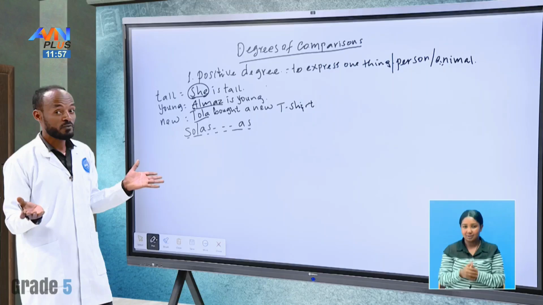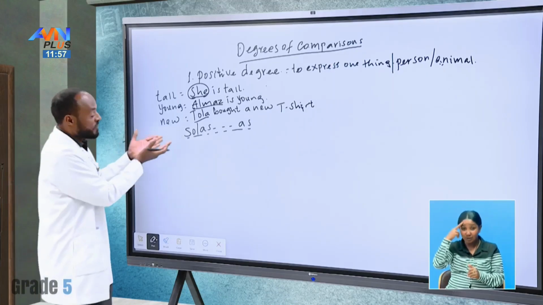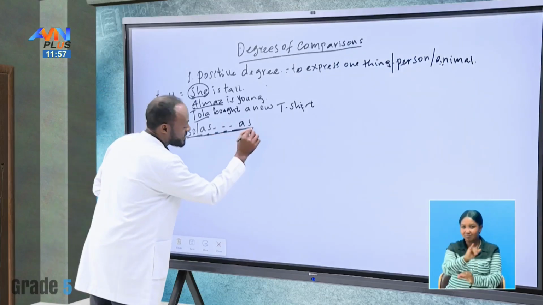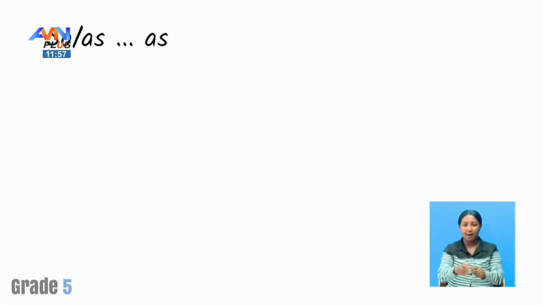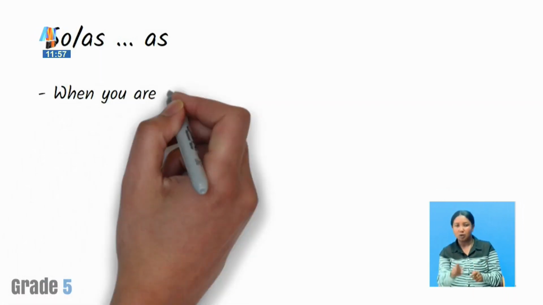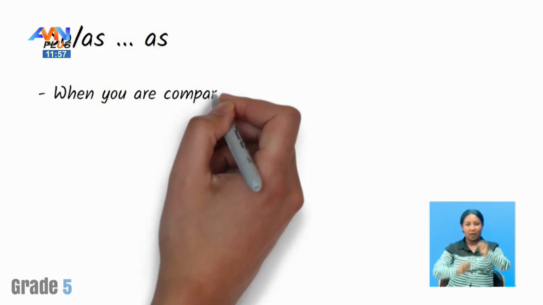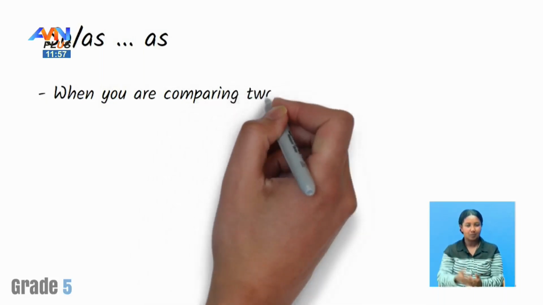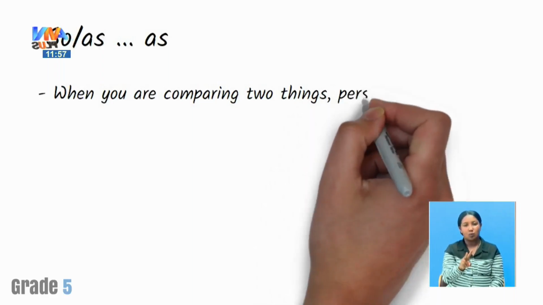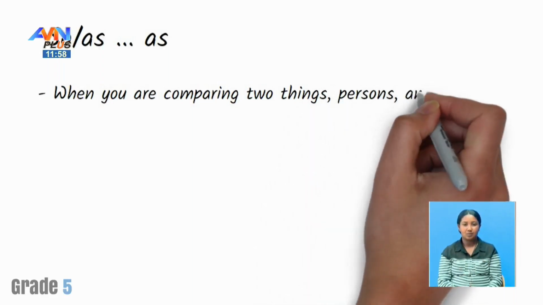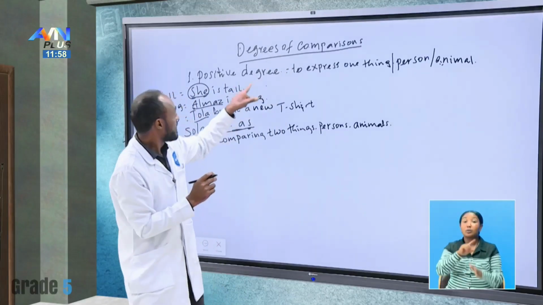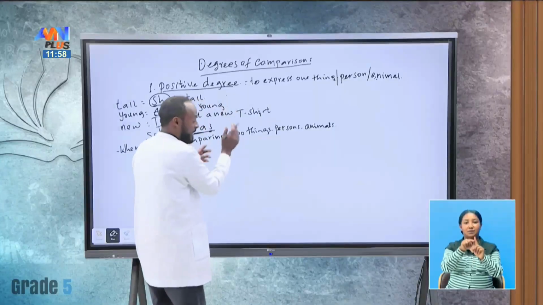Nice, I hope it's clear for you because you are familiar with this topic. Here, students, we can use such kinds of expression when we are comparing. When we are comparing, we're talking about positive degree, but we are comparing.